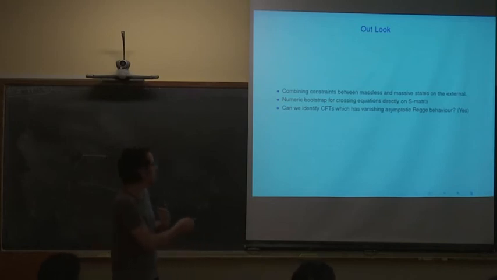This is an ongoing project, and for example, quite straightforwardly, you can already see that you cannot have just a single Regge trajectory, in the sense that the massive states cannot be just a single tower of massive states. It must have daughter trajectories. You can easily prove that using this numeric bootstrap.